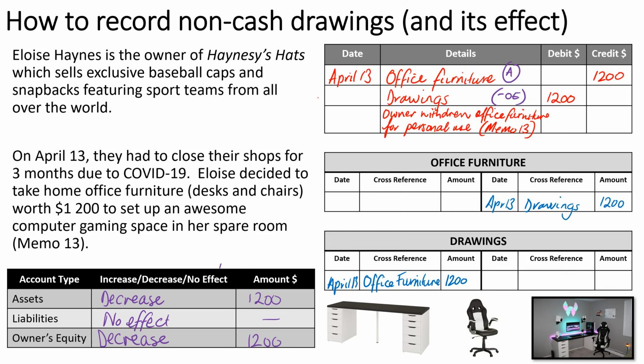So that's why owner's equity is decreasing there. So we can see that I've got a decrease. If I go back to my accounting equation, I've got a decrease in assets of $1,200. I've got no change to liabilities, and I've got a decrease of owner's equity. My accounting equation balances, and I know that I've got this correct.